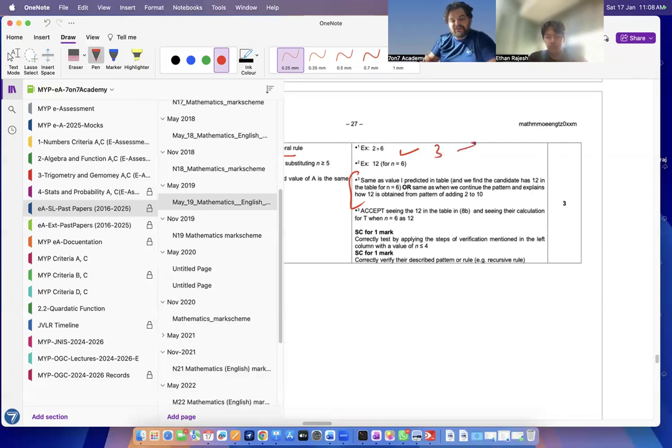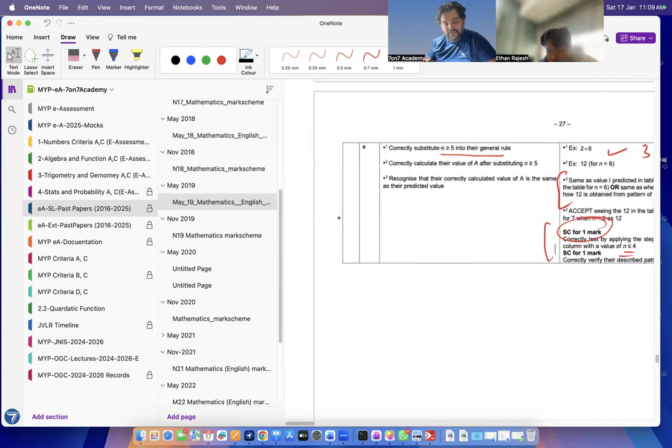Since it was 3 marks, you have to put 2 examples and write a statement also. If you do it below the table, using values you didn't find when they say verify, and the values you got were not in the table, then the marks get reduced. They will give 1 mark.